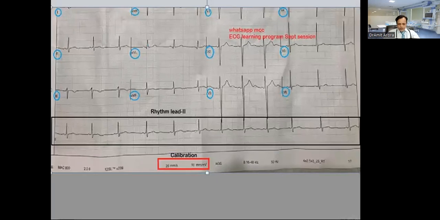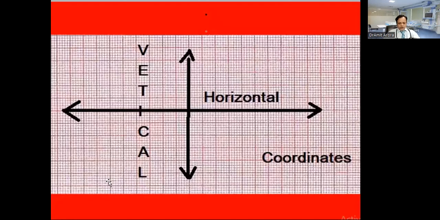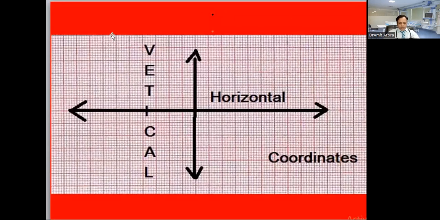Next, in ECG, you all know that there is a horizontal coordinate and a vertical coordinate. In the horizontal coordinate, we measure the intervals, time, like PR interval, QT interval. In the vertical coordinate, we measure the heights and depths of the waves.